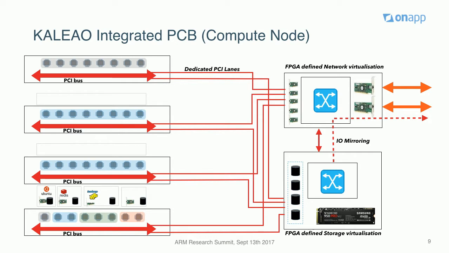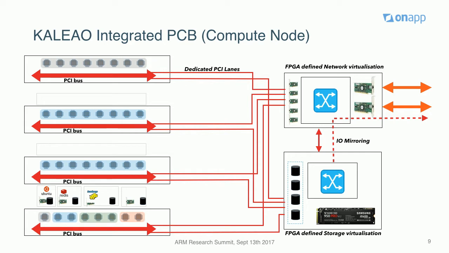This is actually technology that ONAP have had for a number of years. We've always implemented this in software. One of the interesting challenges here has been figuring out how to modify that technology and offload parts of it into the I/O data path.